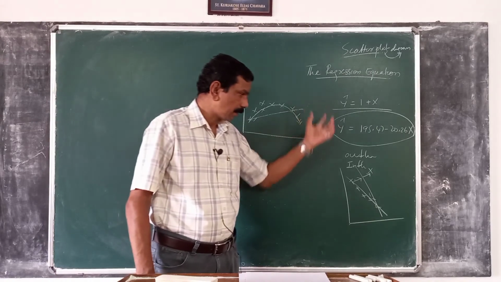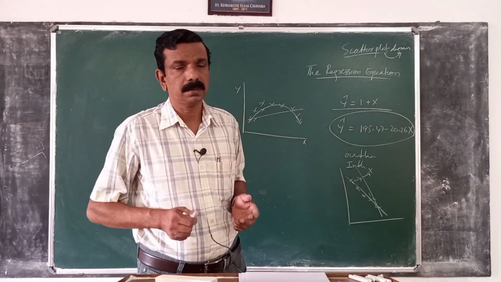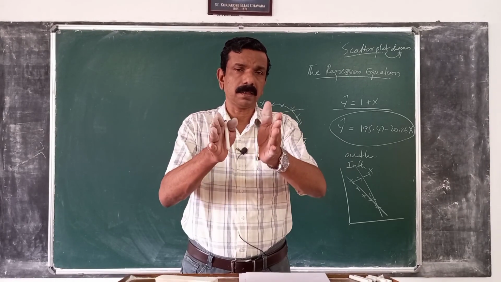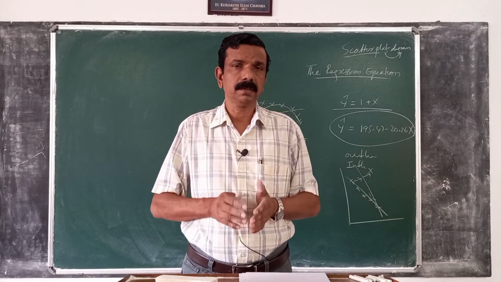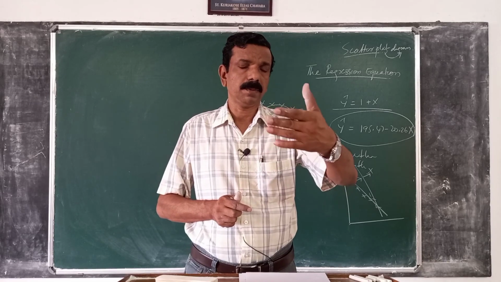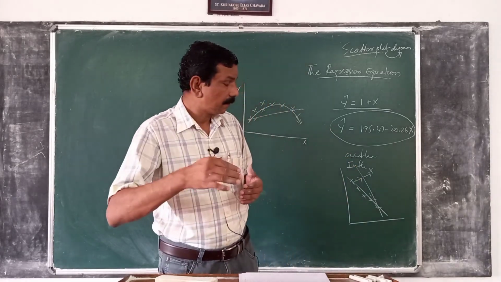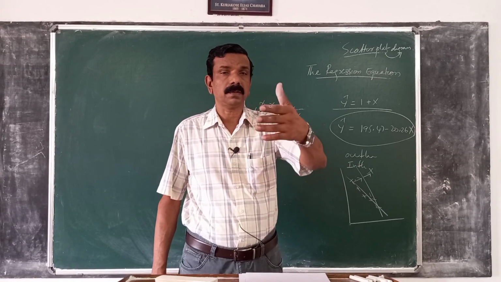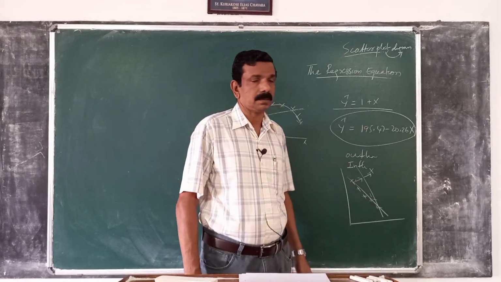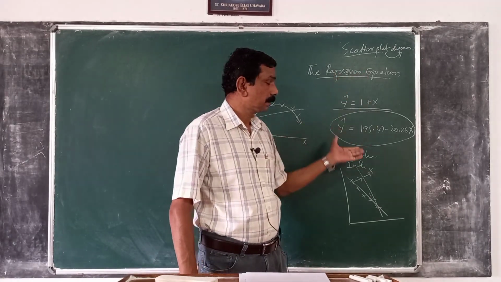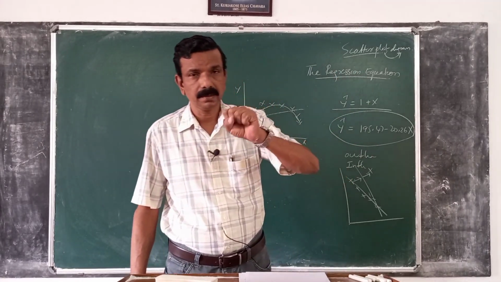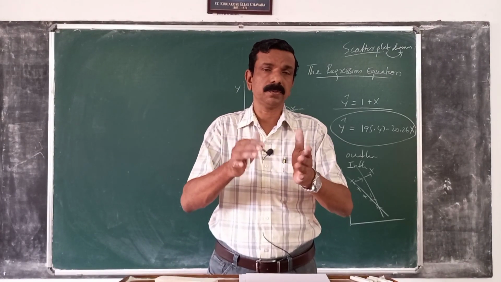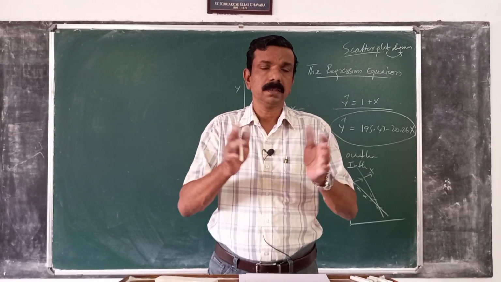So you have to plot the scatter plot and observe the pattern, whether the scatter points are lying on a straight line or not, before determining whether the relationship between x and y is linear or not. It is very important. So this is how we study the relationship between two variables using regression analysis.